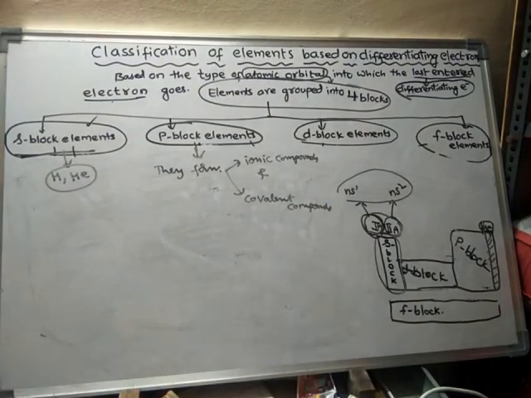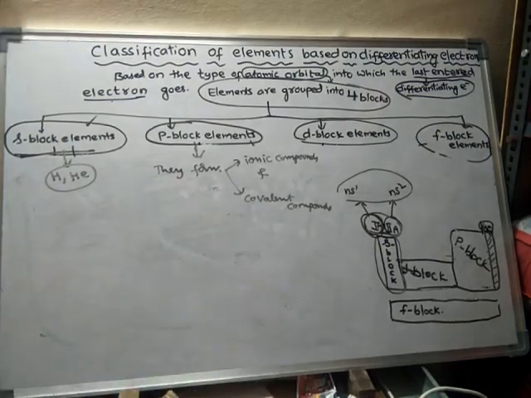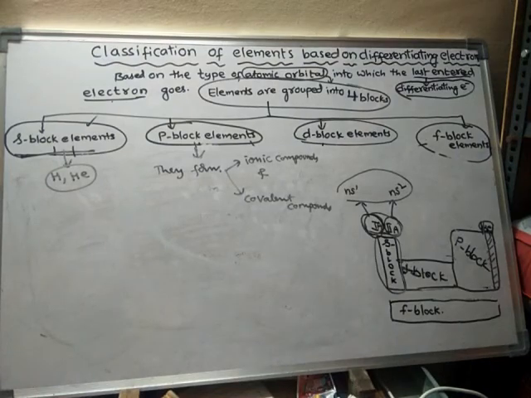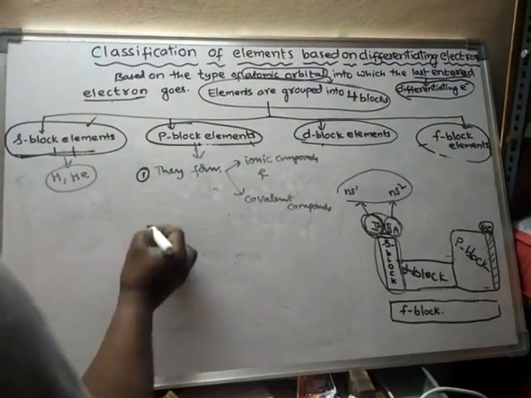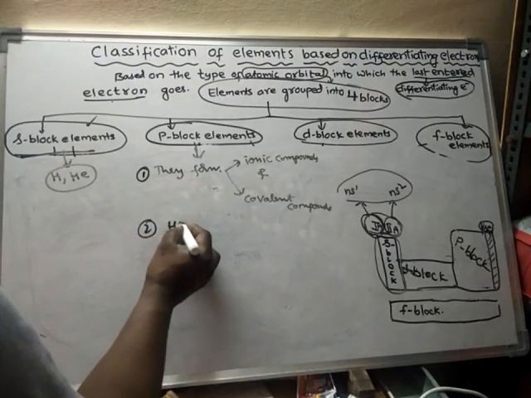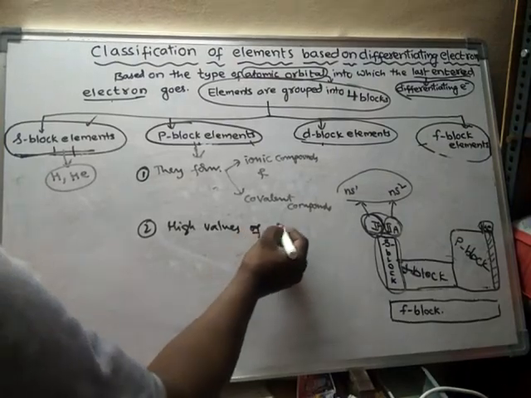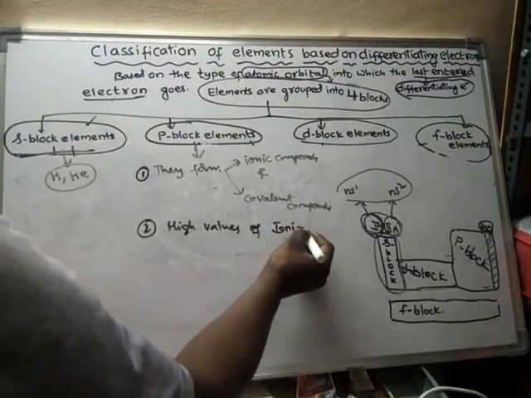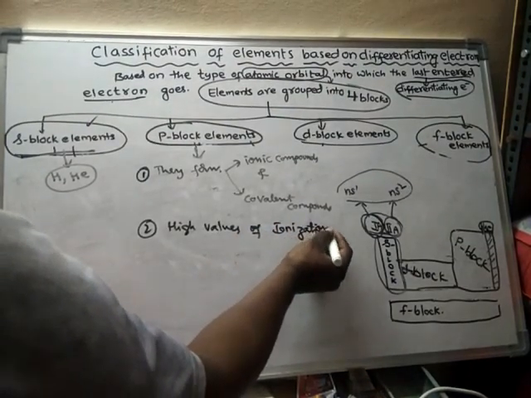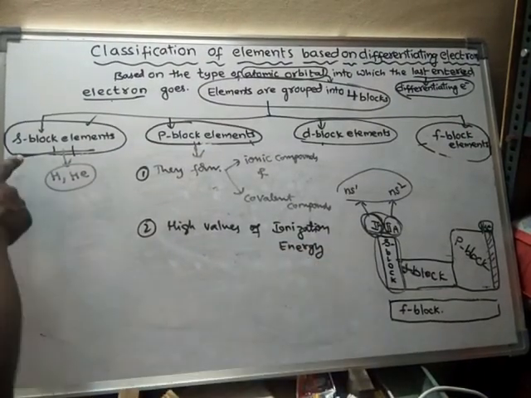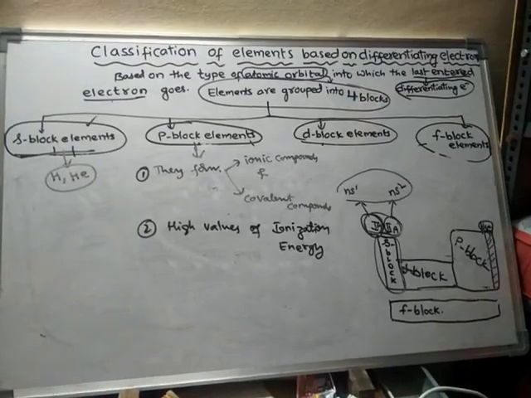Whereas S block elements form only ionic compounds. Next, P block elements have high values of ionization energy, but S block elements have low ionization energy values.